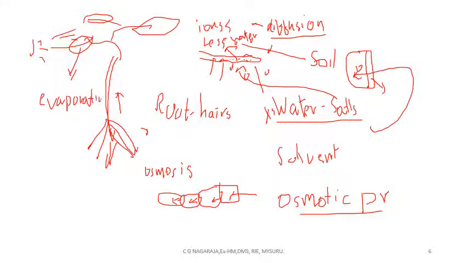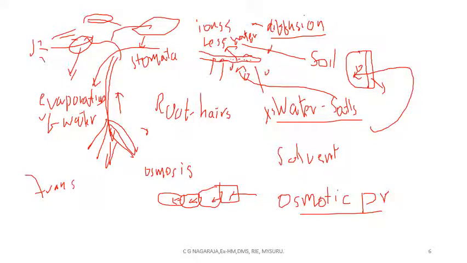Evaporation of water takes place from the leaf surface, and through stomata present in the undersurface, water escapes, and that process is called transpiration. Through stomata water evaporates, and that process is called transpiration.